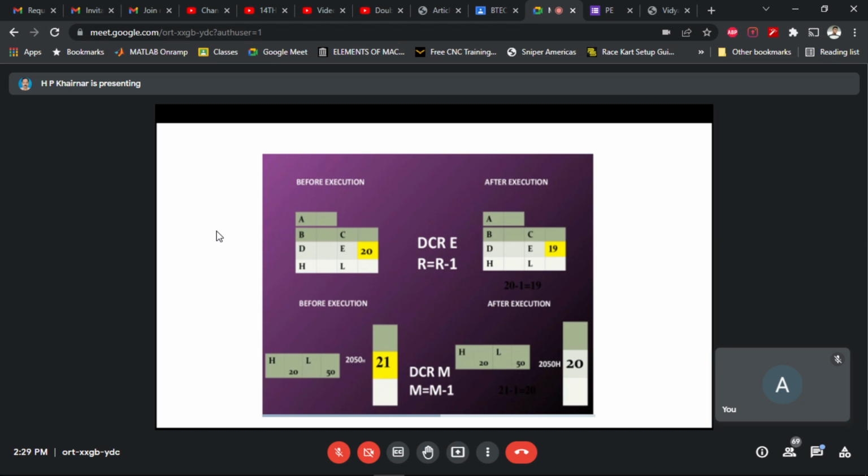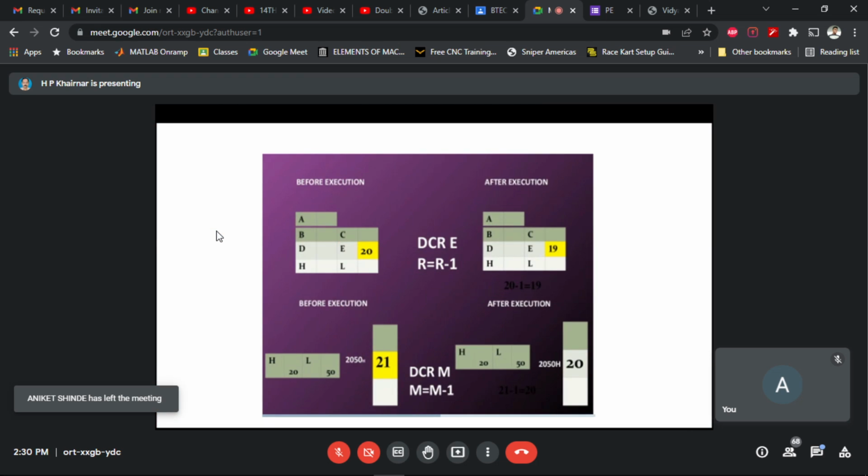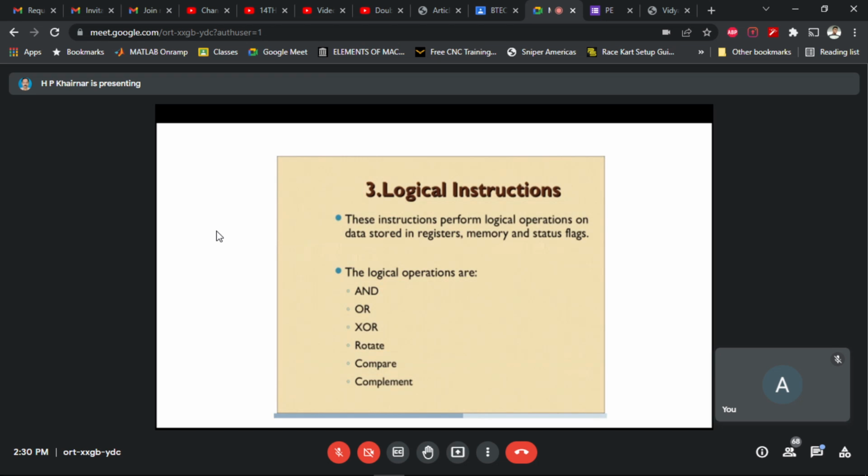Suppose 20 was the content for register E. You are decrementing it by 1. So after execution it becomes 19. Similarly, before execution, that is 2050, you are getting 21, then after execution getting 20. So this is a simple procedure for the increment and decrement functions in 8085.